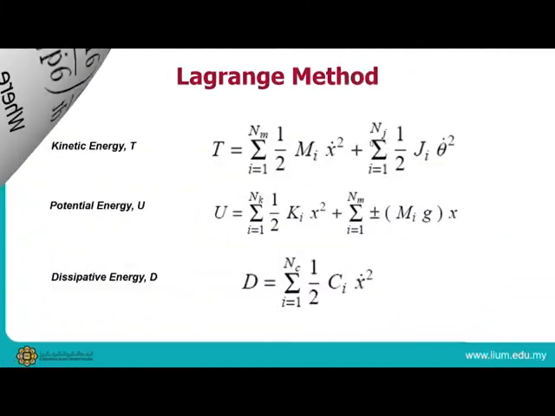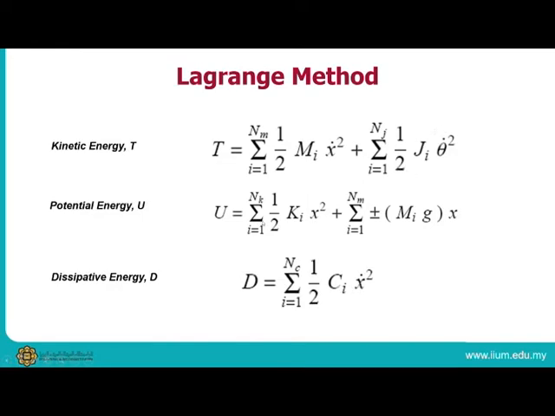So T, which is kinetic energy, you already know, half mv square, for the translational motion. Half I theta dot square is for the rotational motion, right?